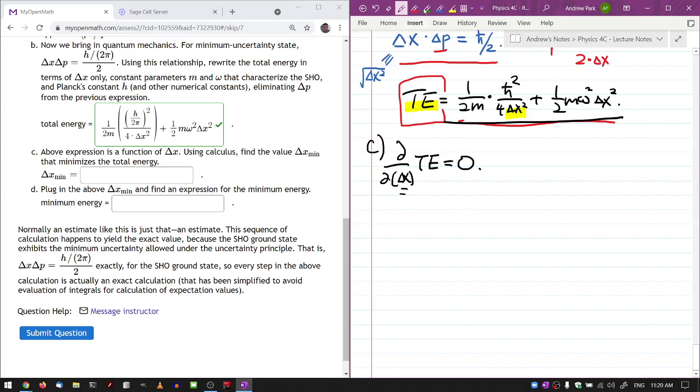Let me do this calculation a little bit simpler for myself, and I think I can express this in terms of delta x squared.